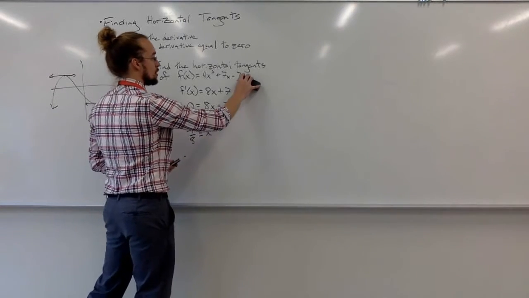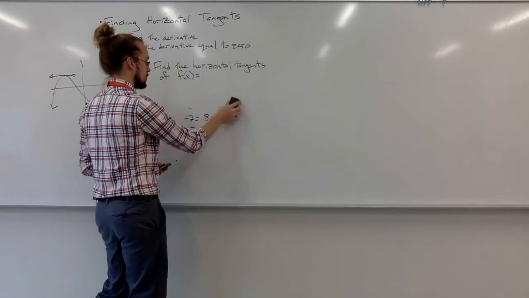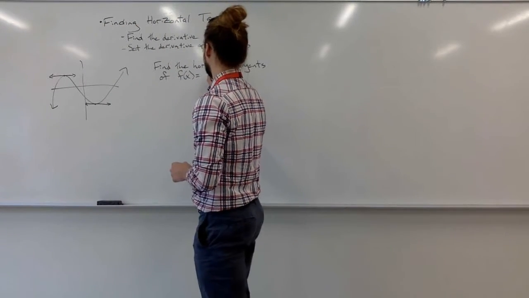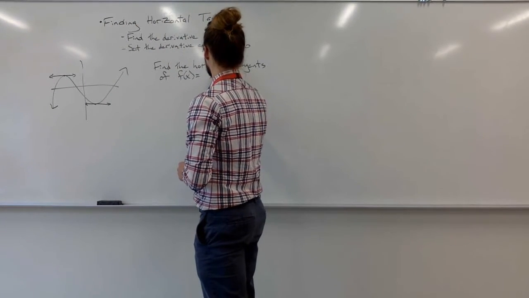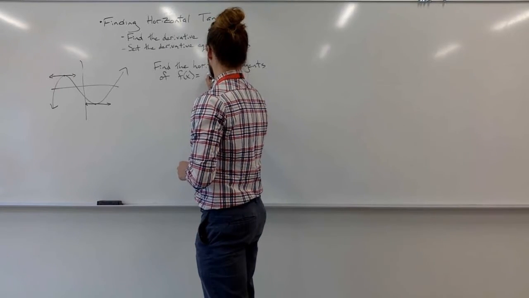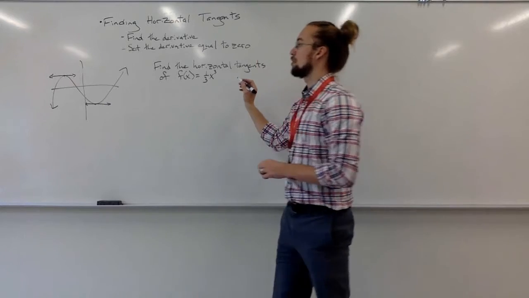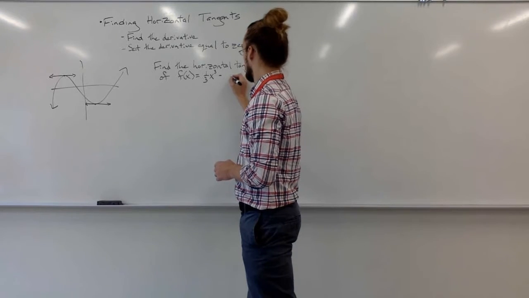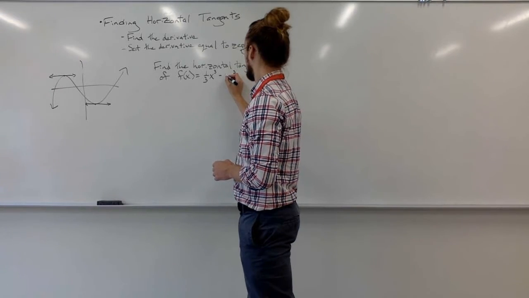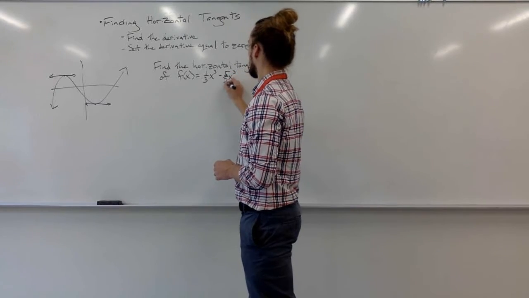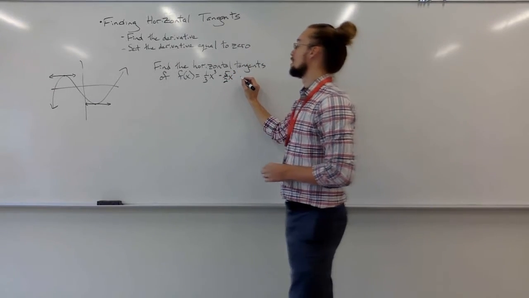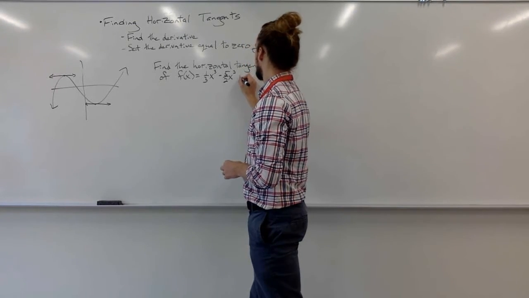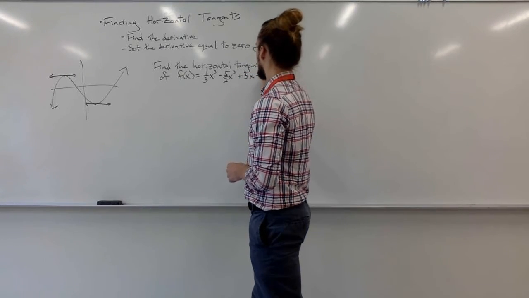All right, let me have you do one more here. Think about how this one's going to work out. How about 1/3 x cubed minus 5/2 x squared plus 3x minus 4.